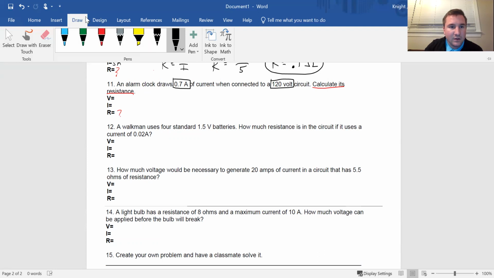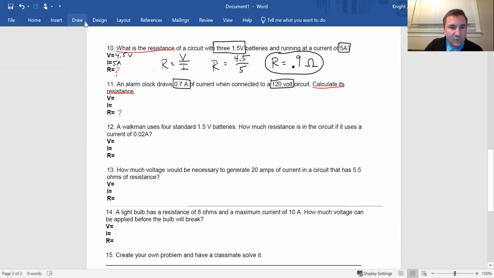Voltage is 120. Current is 0.7. They're not choosing fun numbers for me. All right, so we're looking for resistance again, so it's the same thing. R equals V divided by I. 120 divided by 0.7. I'm going to have to do this one in a calculator. I can't do 120 divided by 0.7 in my head.